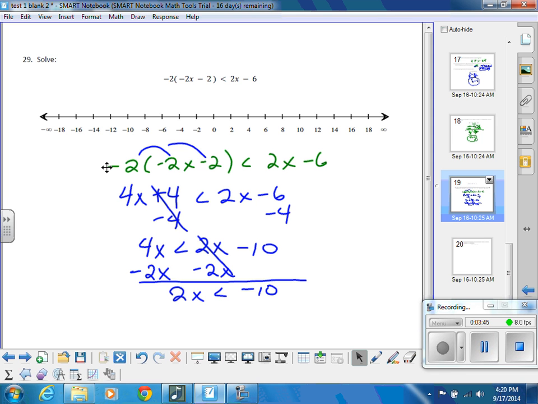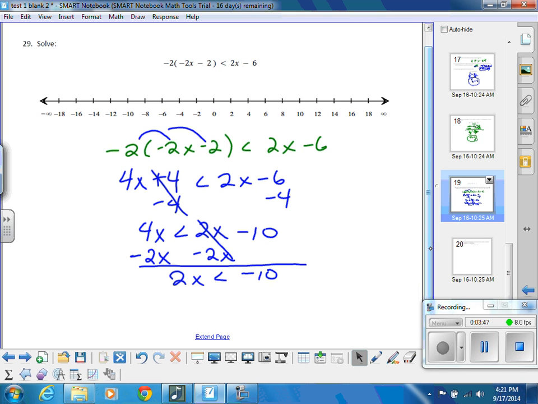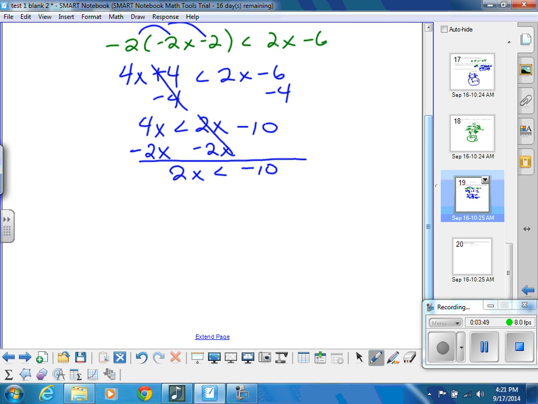Now, here's a really good question. I'm going to divide by that 2, and I end up with x less than negative 5. Now, you might have heard about flipping that middle symbol. But in this case, our negative 10, our number by itself, is negative, not the number with x. Because the coefficient of x is not negative, the symbol stays the same.